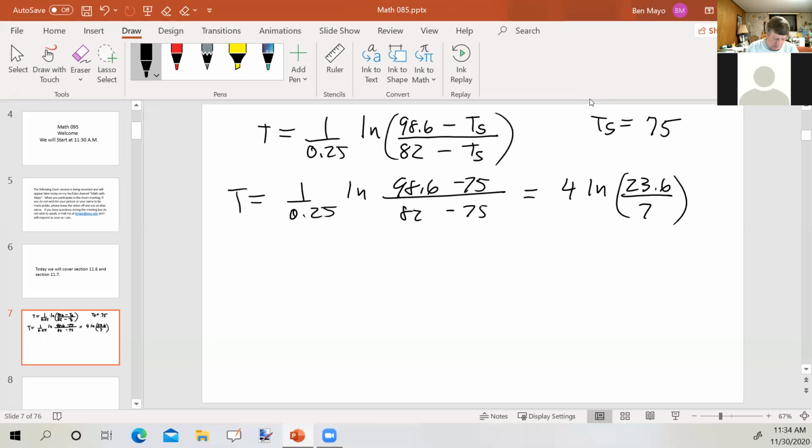So we've got 4 times the natural log of the quantity 23.6 divided by 7, and I'm getting, oh, T is the number of hours, right? Yes. I was thinking it was the temperature, and I'm getting 4.86, and I thought, oh, that can't be right. So to the nearest 10th? Yes. So I get 4.86, so it'd be 4.9 hours.